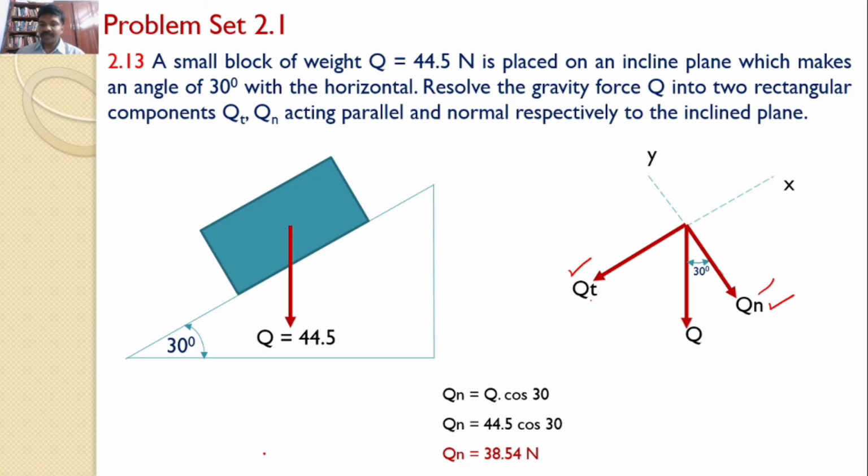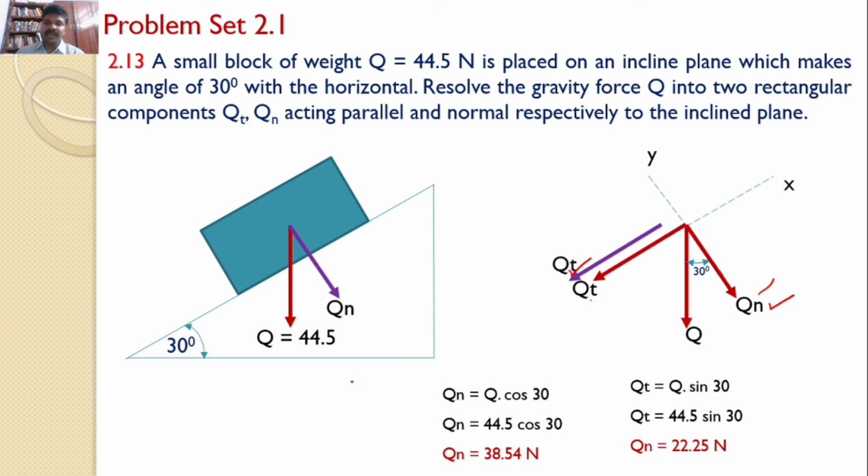newtons. And the other component, that is Qt, becomes sine component. So Qt is equal to Q into sine 30, 44.5 into sine 30, which gives the value of 22.25 newtons. So the final one becomes, so this we can transfer back to the inclined plane.